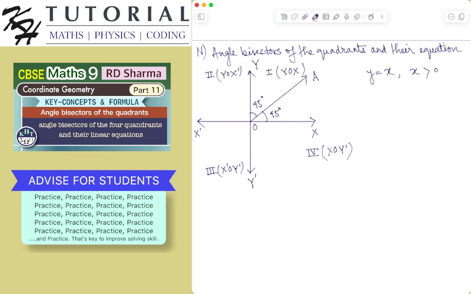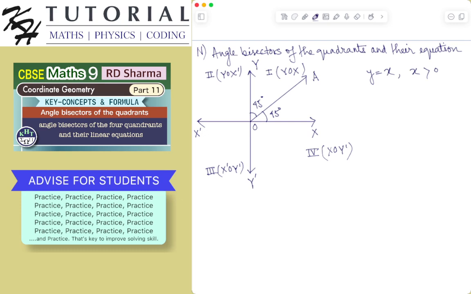So this is the equation of the bisector of the first quadrant. Remember, it is a ray OA, so there are no points on this line where the abscissa is less than 0.